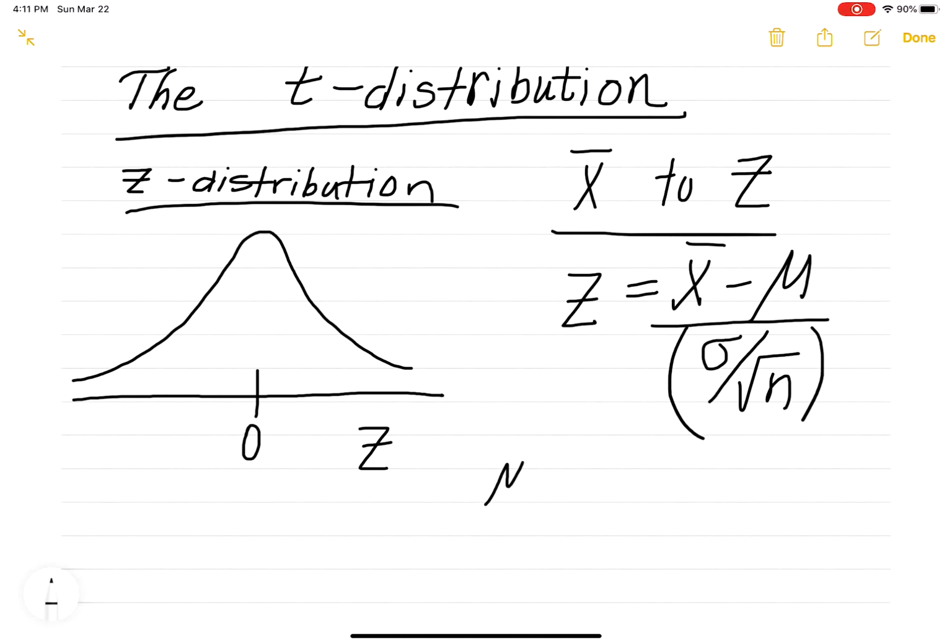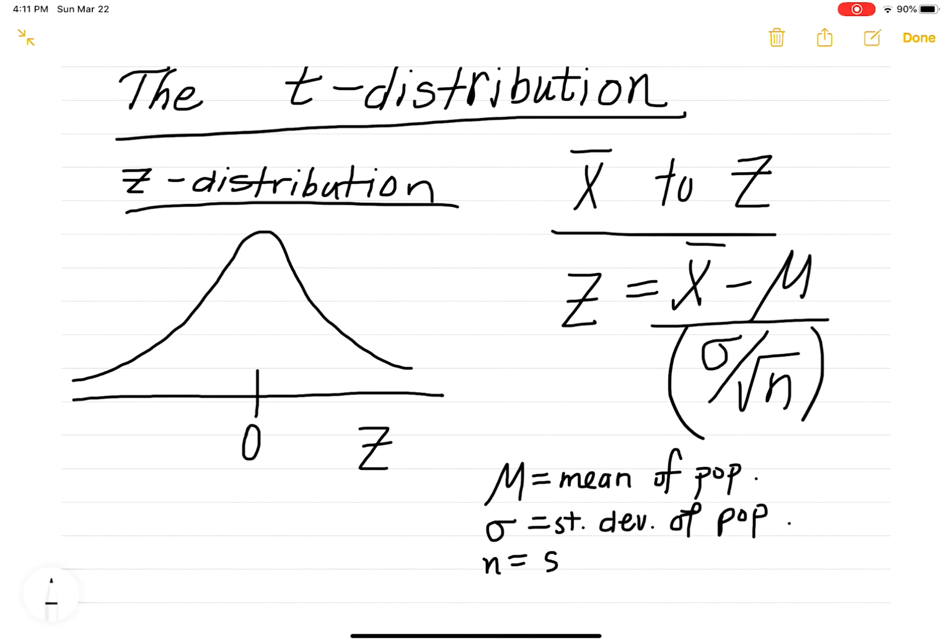So remember, mu is the mean of the original population. Sigma is the standard deviation of the population. N is the size of the sample that you're going to draw to estimate the population mean.